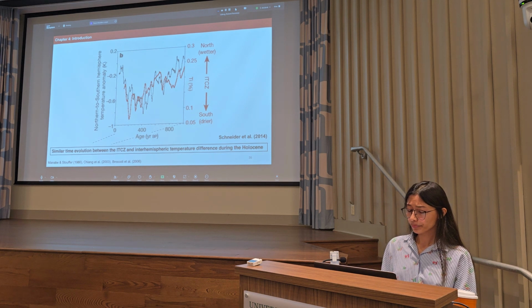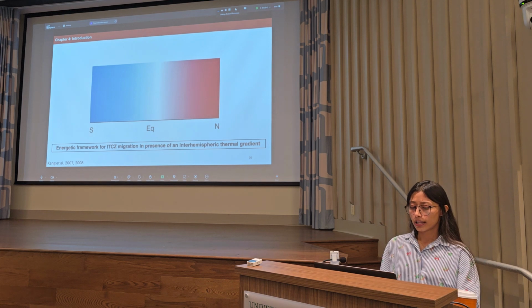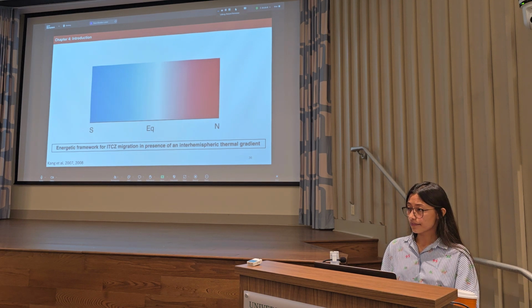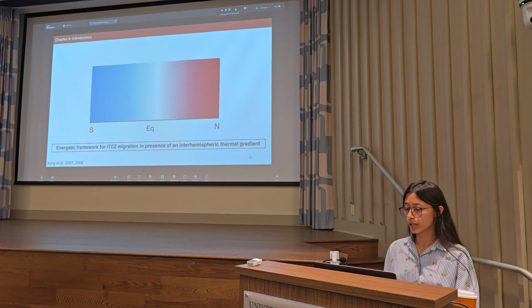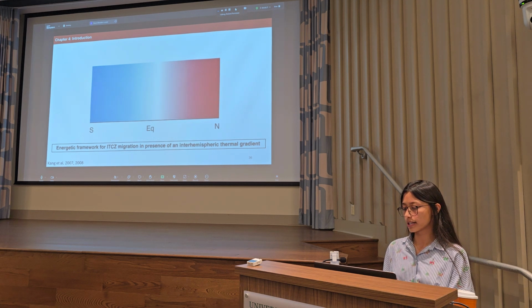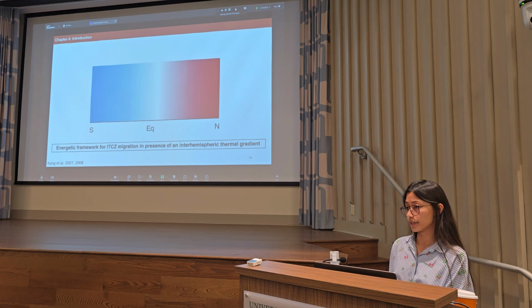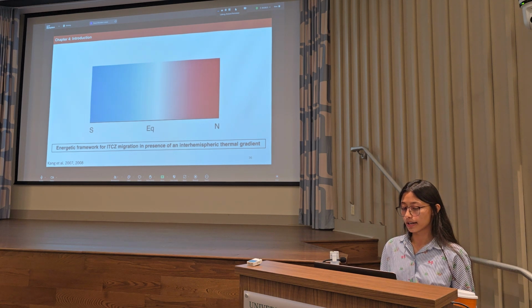And then later works like Kang et al. 2007 and then 2008 provided an energetic framework to explain this migration of the ITCZ, which in this plot considers a relative warming of the northern hemisphere and a relative cooling of the southern hemisphere.